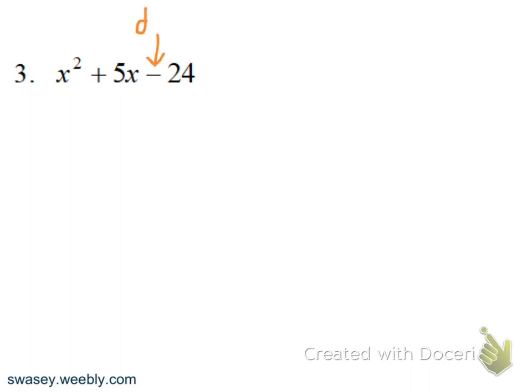This tells us different signs. Bigger one is positive. We're looking for two numbers that multiply to get negative 24, that add to get positive 5.